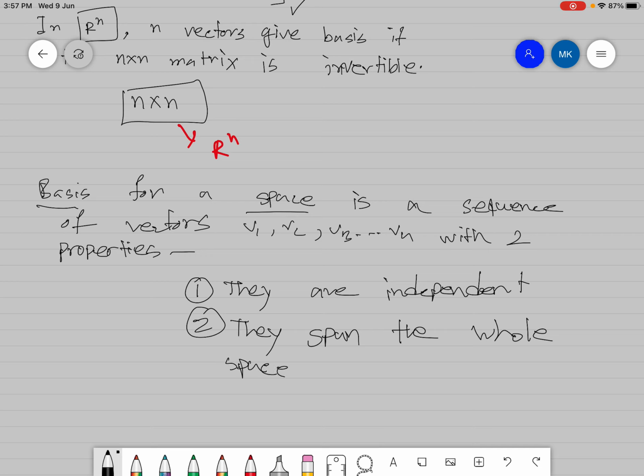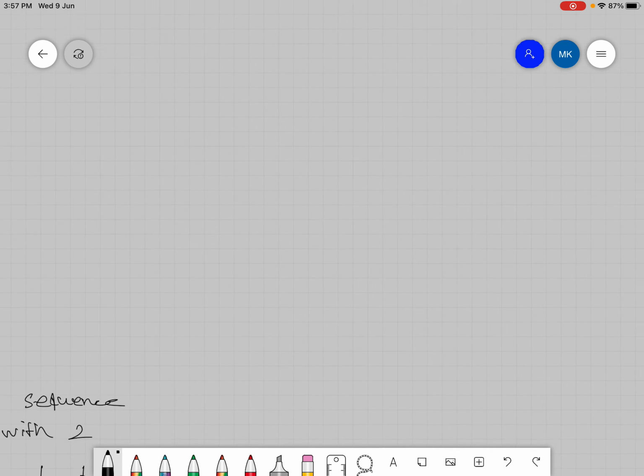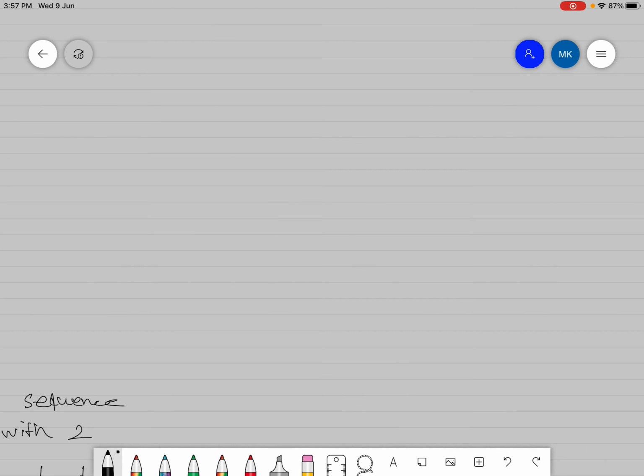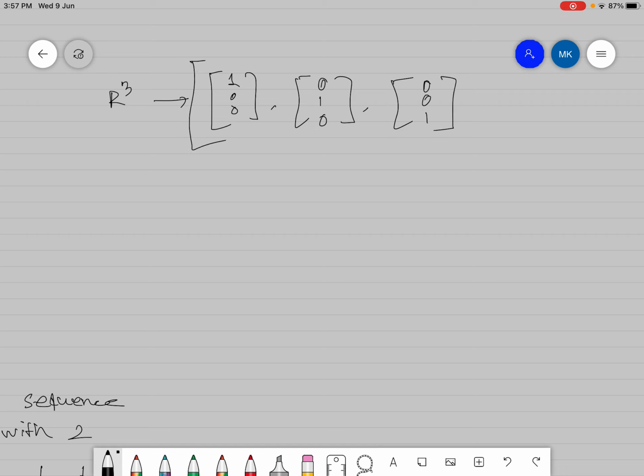All right, so I previously gave you one example of a basis of R3, and that was 1 0 0, 0 1 0, 0 0 1. Is this choice unique?